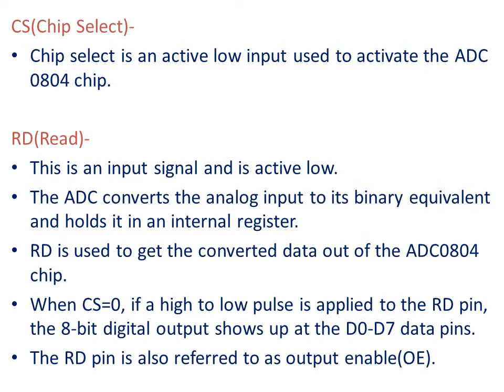When CS is equal to 0, if a high to low pulse is applied to the RD pin, the 8-bit digital output shows up at the D0 to D7 data pins. The RD pin is also referred to as output enable, that is OE. This is the importance of the read pin.